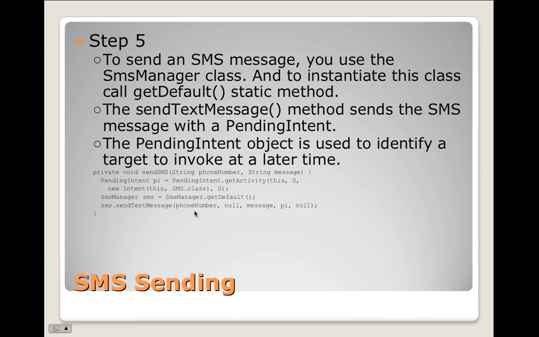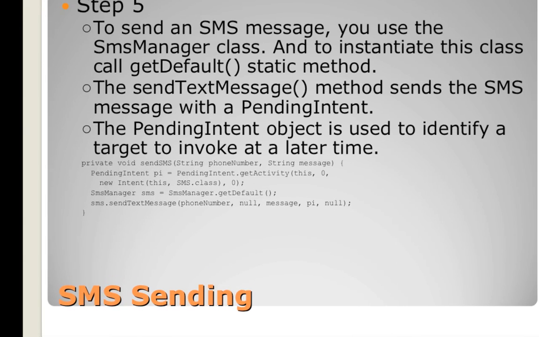So step number 5 is to send an SMS message. You're going to use the SMS Manager class. So we're going to instantiate this class with a default or getDefault static method. And so the send text message method sends the SMS message with the pending intent. The pending intent object is used to identify the target to invoke at a later time.